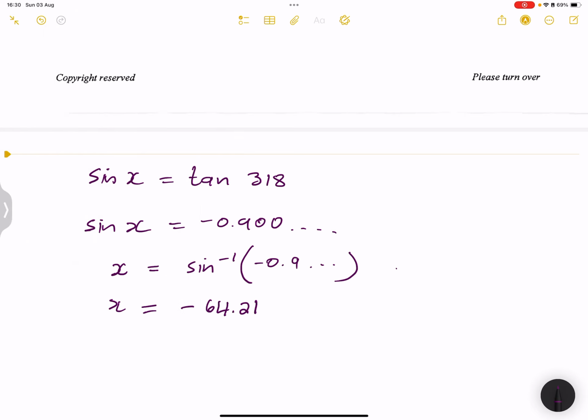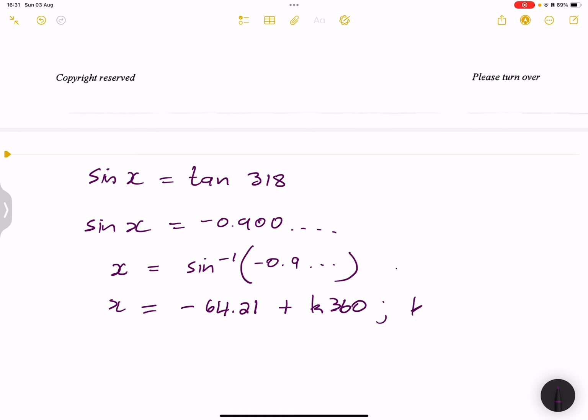Ladies and gents, please note there are two methods that we can use. We can always use the reference angle method, or we can use the method that I'm going to show you now. Whenever I solve for anything that has sine in it, we need to say plus k times 360, where k is an element of the integers.